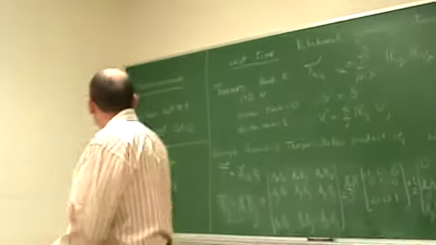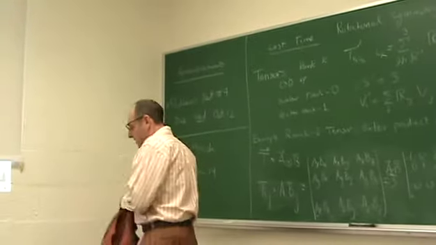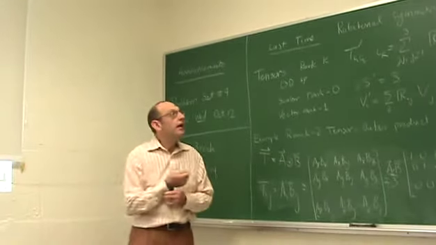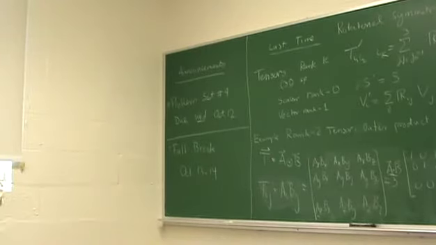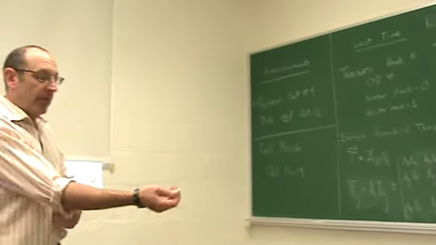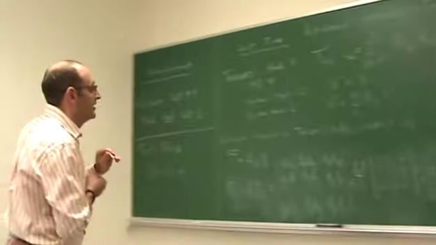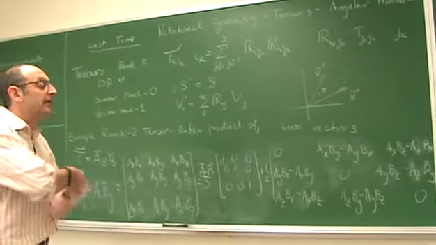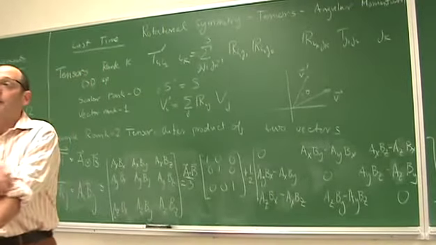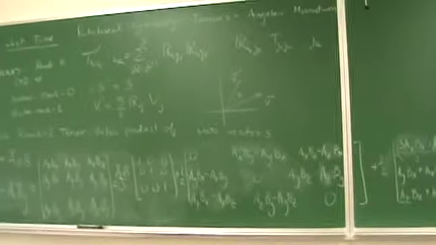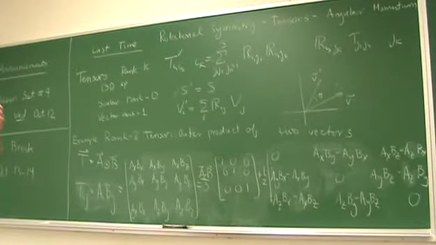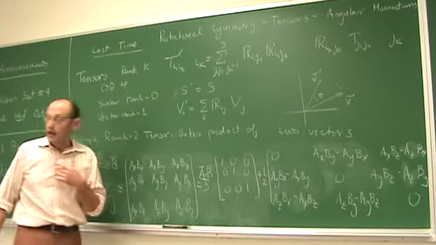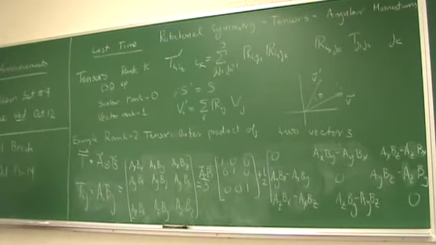So last time we began an important discussion. In order to really understand atomic molecular structure and interactions with electromagnetic fields, we need to think a little bit harder about the problem of rotational symmetry, which plays a very essential role in AMO physics.